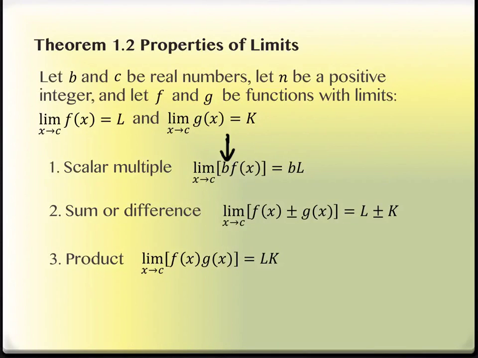On this one, what you have inside the limit with the f of x comes out in front, because it tells us that the limit of f of x is L, and then here's your L. So in a very real sense, what they're saying is you can pull out the b over here. Like a scalar multiple. Yeah, basically, because it's a number. So if it's a constant, it can just be factored out in front. It can be ignored. You deal with what you've got, and then you multiply by it when you're done.